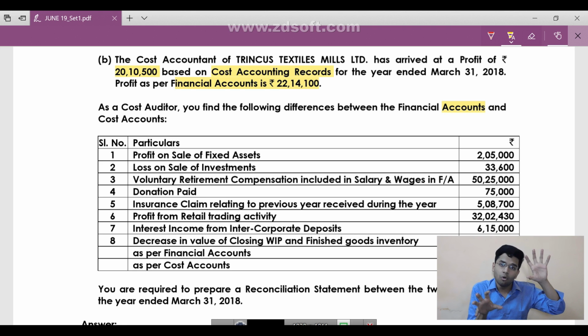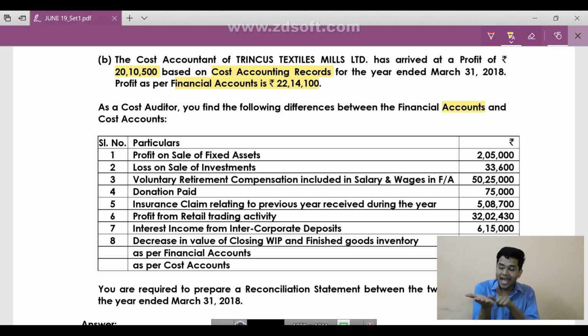So if opening is more and closing is less, then the net effect of both of these will be an expenditure, because opening is expenditure, closing is income. So the net effect will be of an expenditure. If I rephrase this adjustment, expenditure as per financial accounts is 3,82,000. Expenditure as per cost accounts is 3,90,000.